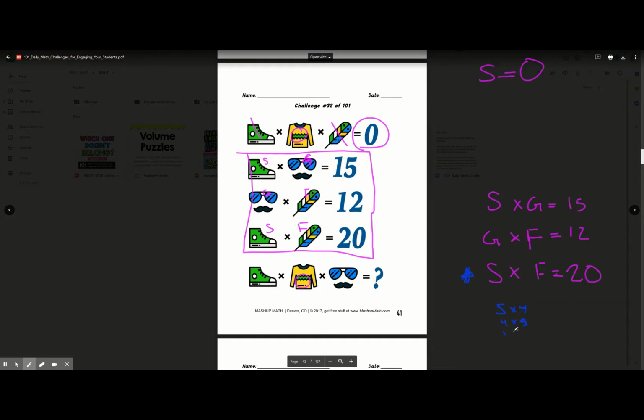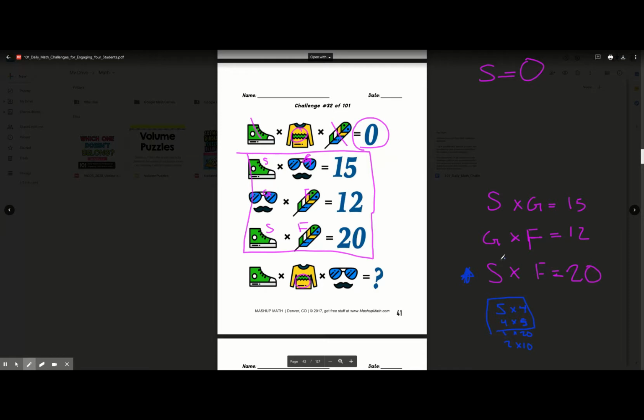Then I know 1 times 20 equals 20, and 20 times 1. I also have 2 times 10 equals 20, and 10 times 2. So starting with what I know based on looking at these, I'm going to start with either 5 times 4 or 4 times 5, and I can plug that in any way that I want. So I'm just going to start with 5 times 4 to see if that works.